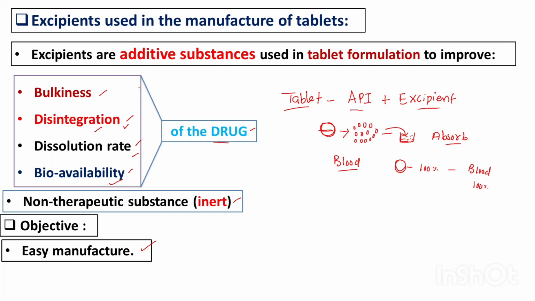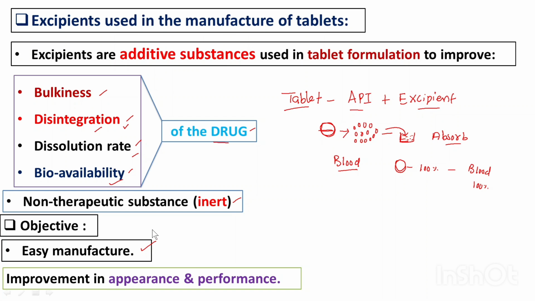In that case, we need to choose the suitable excipient which is applicable for the desired tablet manufacturing, for site specific, for disease specific, and for the patient's physiological condition specific, right? So finally it will ease the manufacturing process, and also improve the appearance and performance of a tablet.